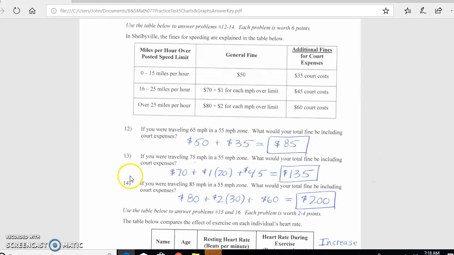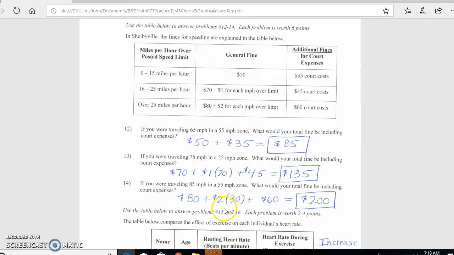And then question number 14, if you were traveling 85 in a 55 mile per hour zone, what would your total fine be, including court expenses? So we're going 30 miles over the speed limit now, and that would put us down here in the last row, 30 miles over the speed limit. We would have a general fine of $80 plus $2 for each mile per hour over the speed limit.